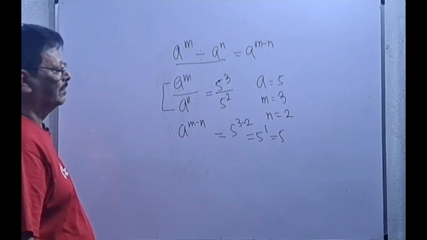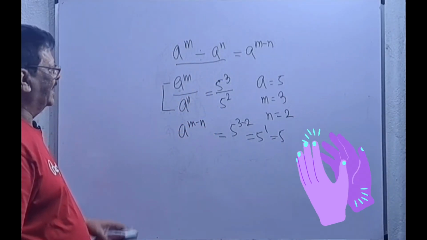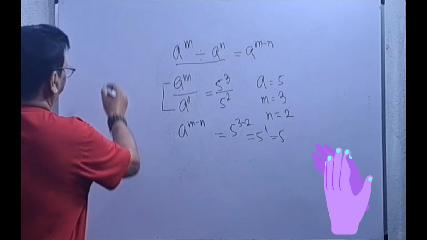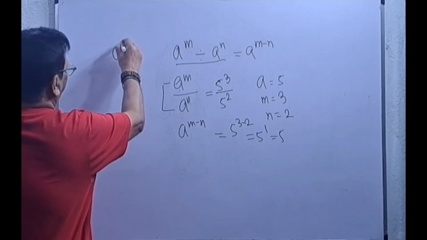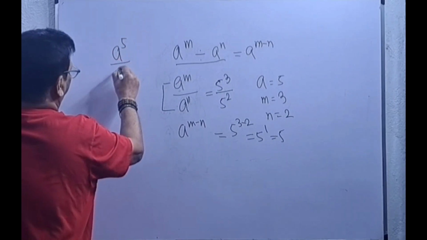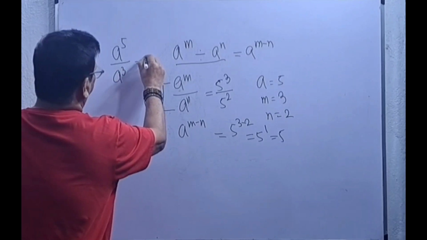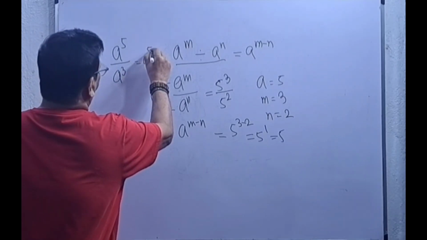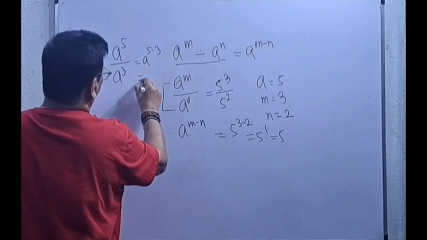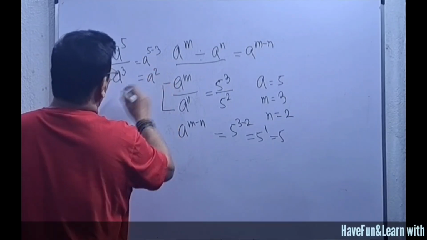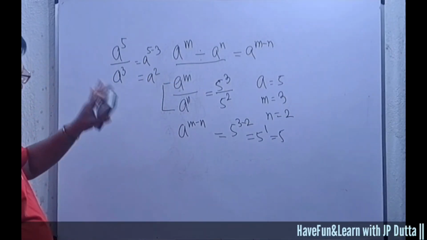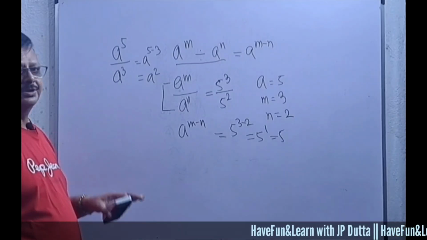So this part is clear. That means if you have a to the power of 5 divided by a to the power of 3, you land up with a to the power of 5 minus 3, which is a to the power of 2. See, things become very simple.